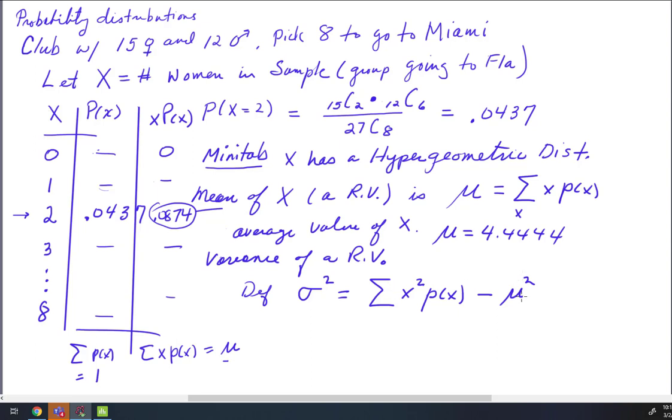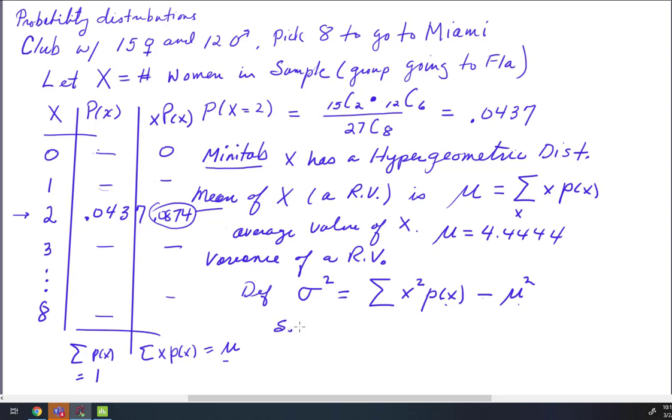So if you need the variance, first calculate the mean, then we could just add a column here to our probability distribution for x squared p of x, add up that column, subtract the square of what you got when you calculated the mean, and you would have sigma squared. That would be the variance.